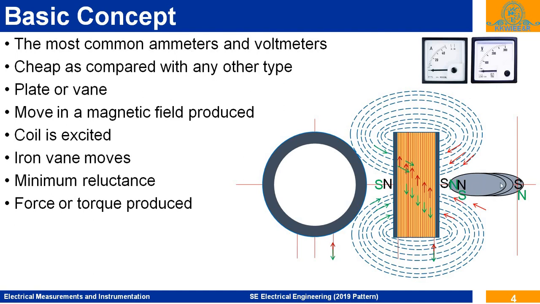Again there is a force of attraction between this magnetic field and the soft iron piece. The force or the torque will be generated, and this iron piece will be moved toward the magnetic field. So this is the basic concept or the basic principle of this moving iron instrument.